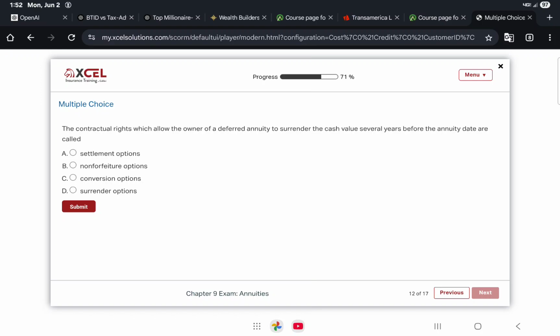The contractual rights which allow the owner of a deferred annuity to surrender the cash value several years before the annuity date are called the contractual rights. It's going to be the surrender options. That's going to be pretty much the same cash value or the money that's in there. They're still considered surrender charges. With annuities, you have maturity dates.